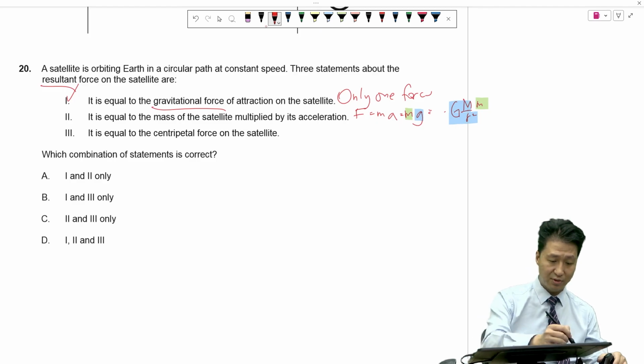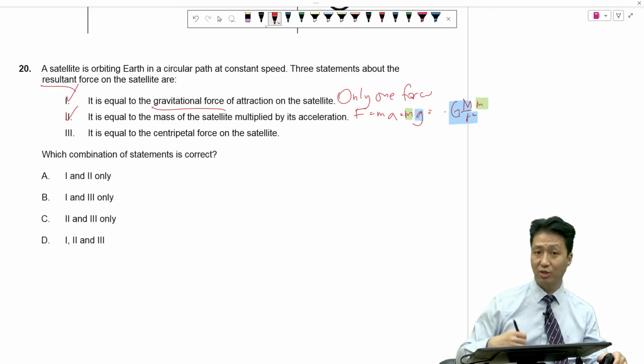So that works out. Number 3, it is equal to the centripetal force on the satellite. Centripetal force is a condition. You ask yourself, is it moving in a circle?